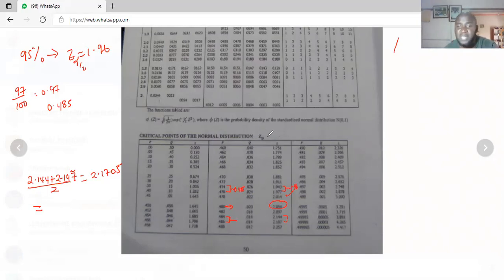Then for the ones which end with a 5, you get the average between the two figures where they lie, then you get the Z alpha over 2. So those of us who didn't know how to read the table, have you seen how we read the table on page 50? Any other person with a challenge reading page 50? Because this is review, we are just reviewing how to read the table, because we want to get Z alpha over 2.